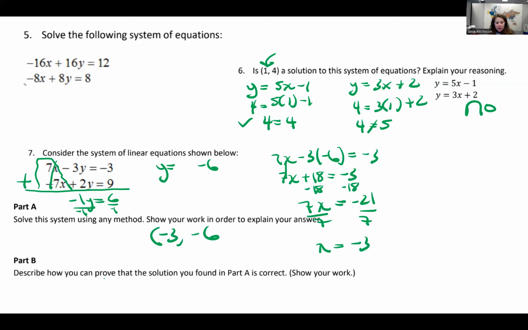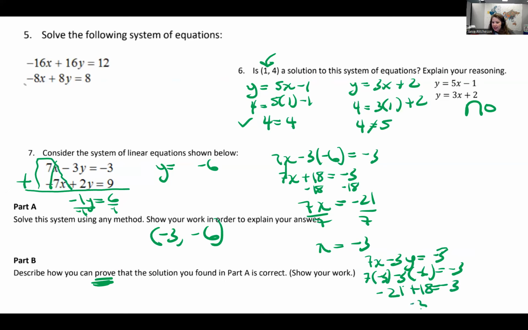And describe how you can prove it. Well, how could I prove it? How I would prove it is I take my 2 original equations and plug in the solution. So I would plug in negative 3 for x and negative 6 for y. Well, negative 21 plus 18 is in fact negative 3.